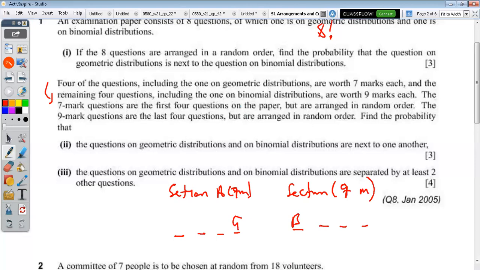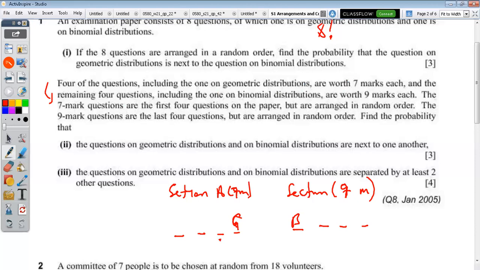Okay, so you've written it under section A. That's G for geometric, one question on geometric, 7 marks. If it's any other way, it can never be next to the binomial. If I place it on here, then I'll have another question here, so it won't be next to the binomial.